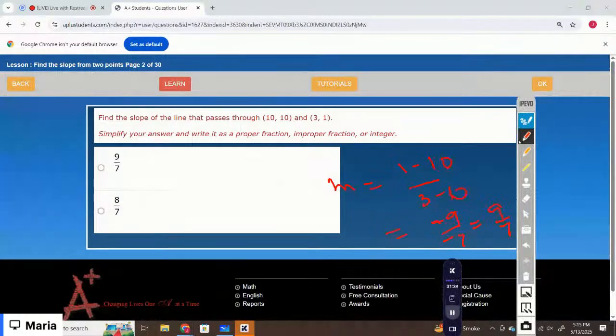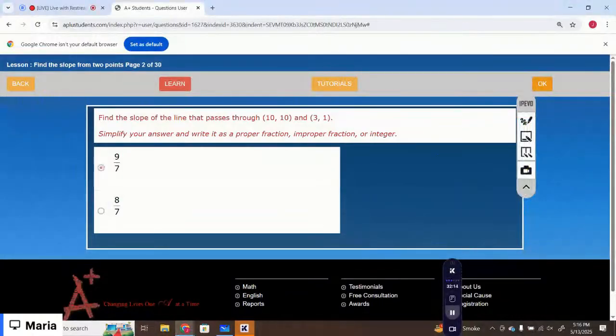So 9 over 7 it is. The correct option is 9 by 7. Option number 1 is the correct option.